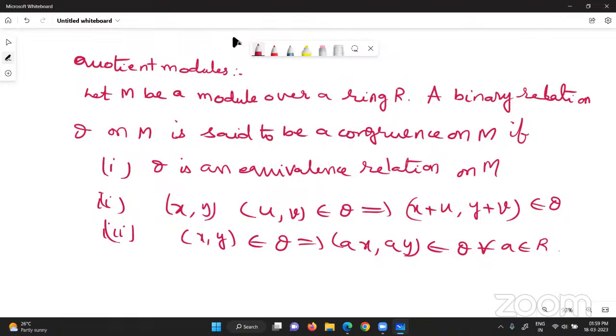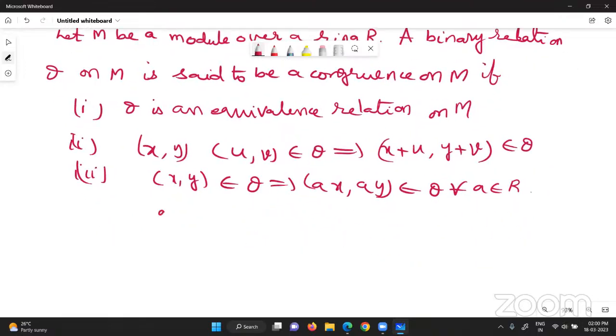Reflexive means you should have (a, a) belongs to theta for all a belongs to M, and whenever (a, b) belongs to theta, if (b, a) also belongs to theta, then we say that theta is symmetric.